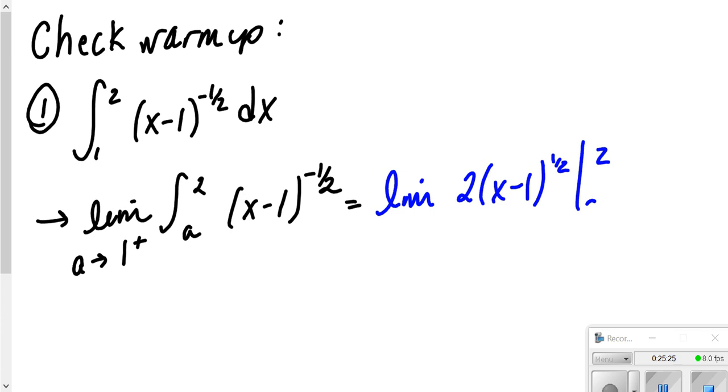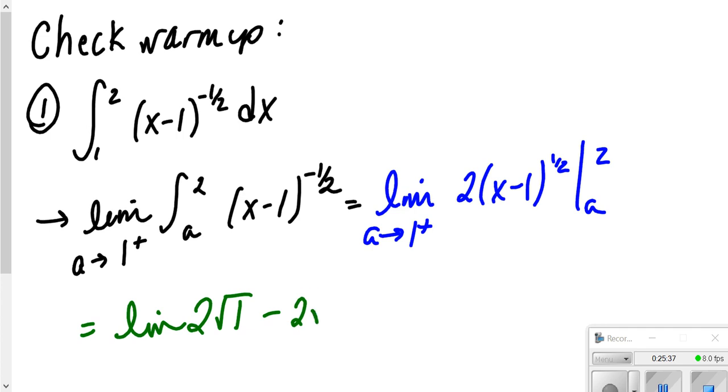I have my bounds. I substitute in. That's going to be a 1 when I subtract. That's going to be a minus 1. And so if I look at this, this part's going to go to 0, and this part's going to be 2.